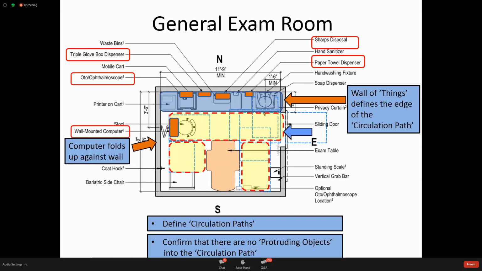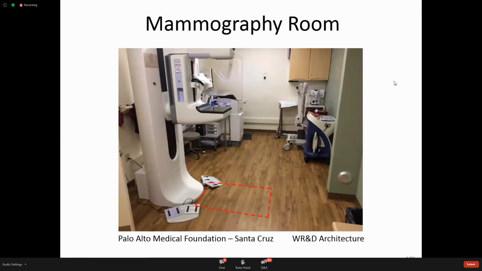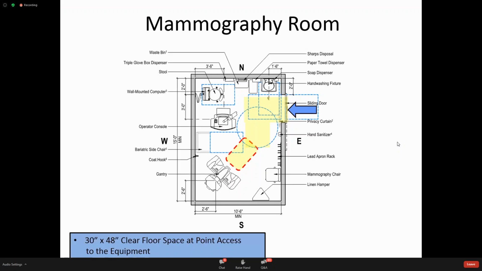Okay. So we are going to take all of what we've talked about in the general exam room and then apply it to all of the other room types. So the mammography room, we talked about this a little bit before, but now let's look at a room layout for mammography. So again, you come in from the door, you've got your accessible route to the equipment.